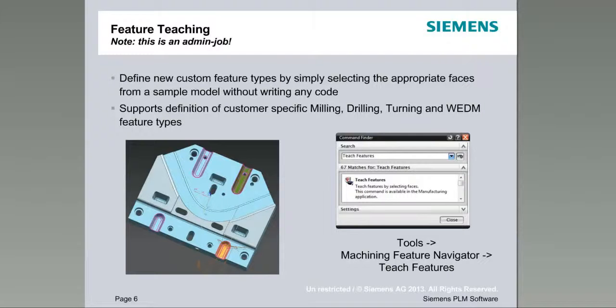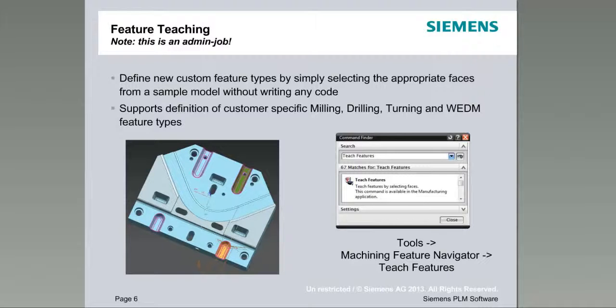The first step we'll talk about is feature teaching. In the first session I showed you what feature-based machining could do, and one of the first steps is identifying features, recognizing the geometry in a part. The software comes with an out-of-the-box library with a large number of feature types, but it might not have everything that you have in your parts.